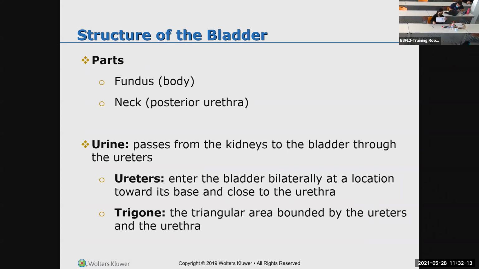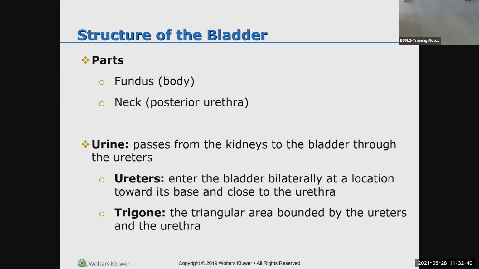Kidney and ureter are behind the peritoneum. That means the anterior surface of the kidney and the anterior surface of the ureter are covered by peritoneum. Posterior surface? No, because my kidney is retroperitoneal.